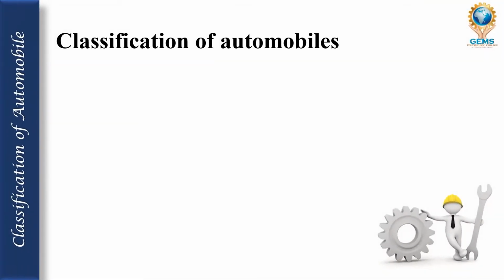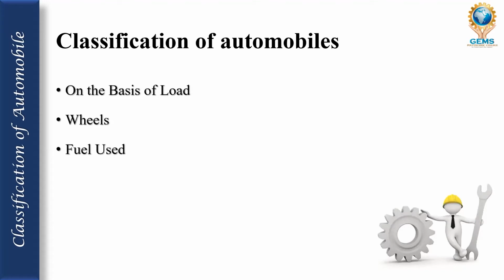Now, classification of automobiles. We are going to see some points here. Number one, classification of automobiles on the basis of load. Number two, on the basis of wheels. Number three, on the basis of fuel used.